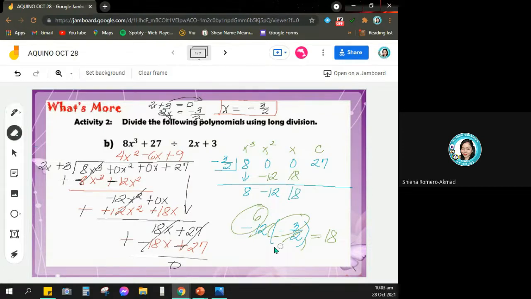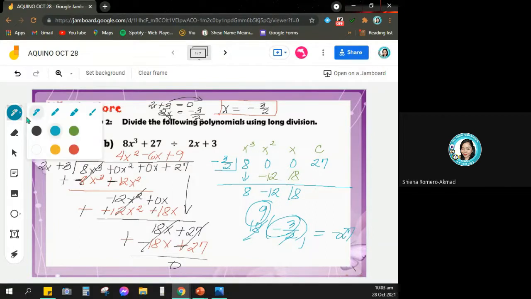Okay, next. 18 times negative 3 halves. Cancel this out. This will be 1 and this will be 9. So we have 9 times negative 3. That is negative 27. So we have here negative 27. Pag in-add ko sila, this will be 0.